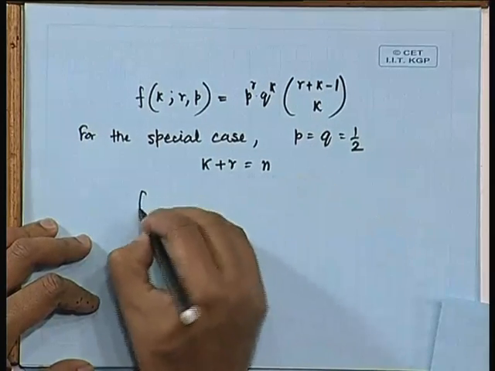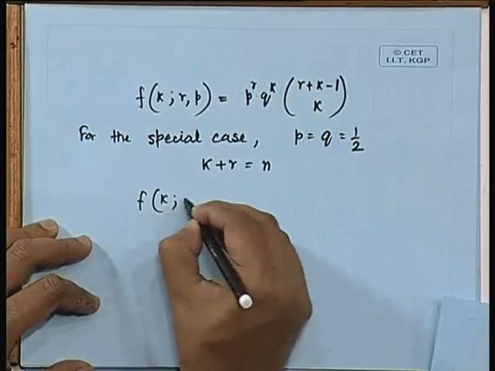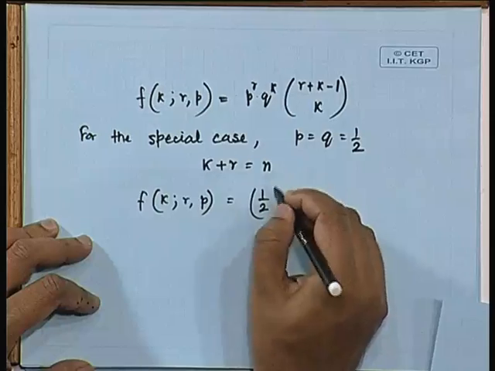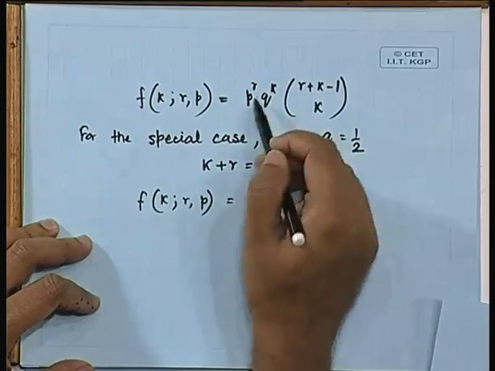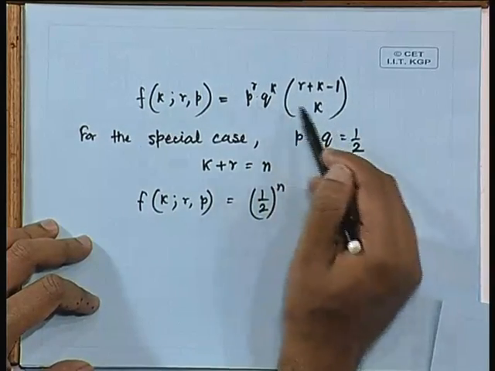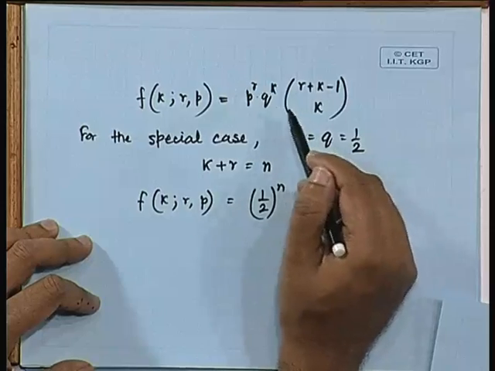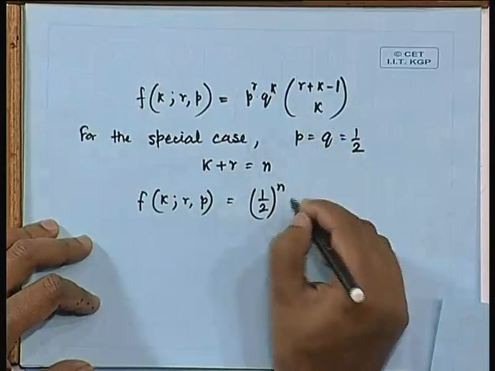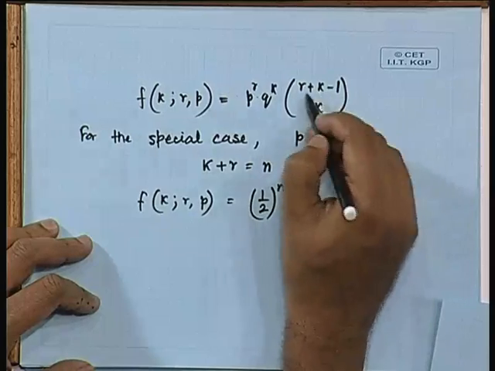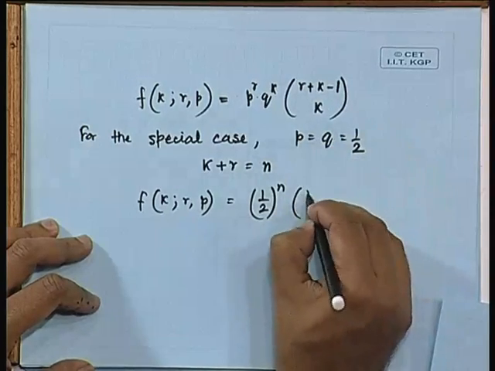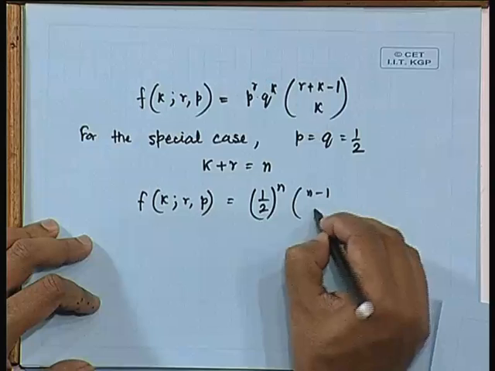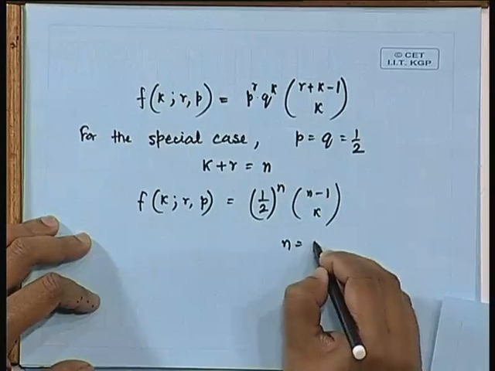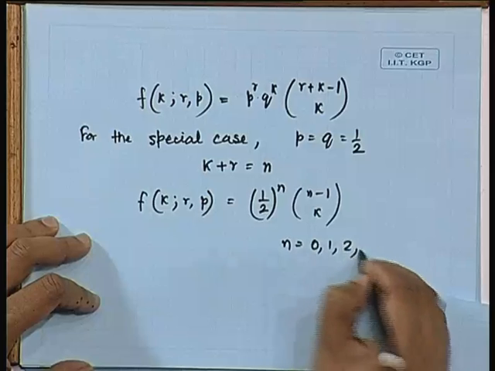Then f of k, r comma p is equal to half to the power n, because p and q are both half. So, it is half to the power r plus k, and r plus k is equal to n. Because r plus k is equal to n, we get a combination n minus 1 choose k. And we do this for n equal to 0, 1, 2, etc.